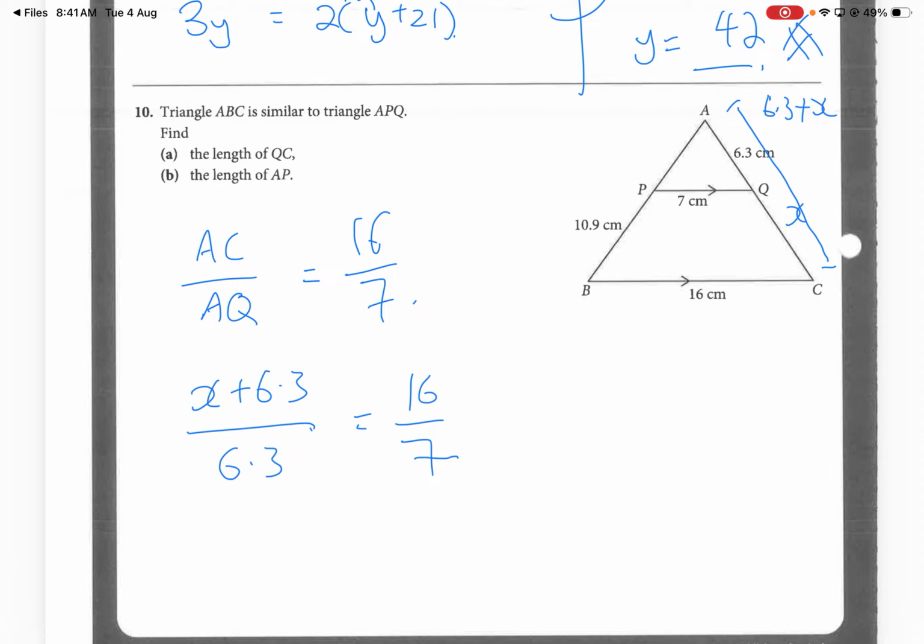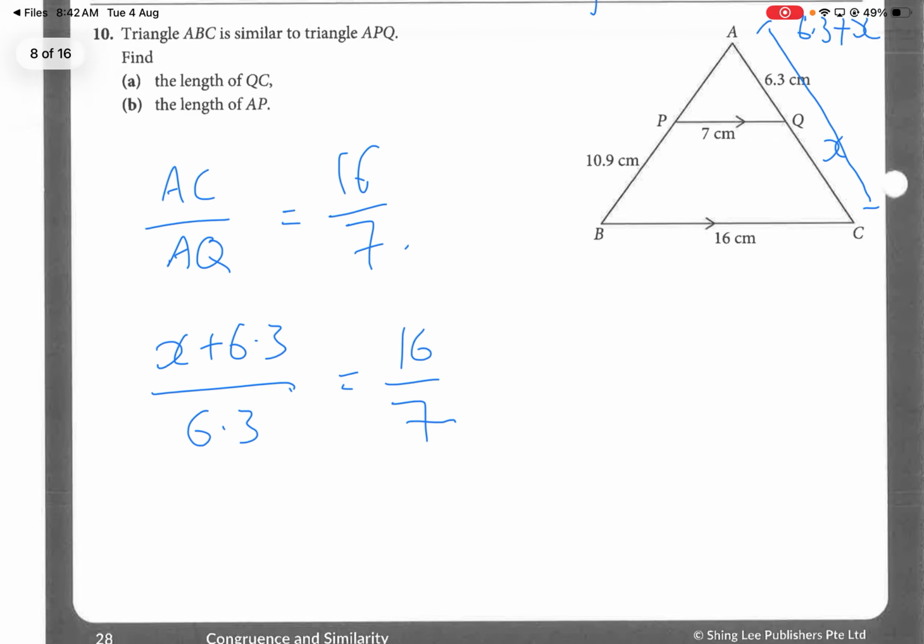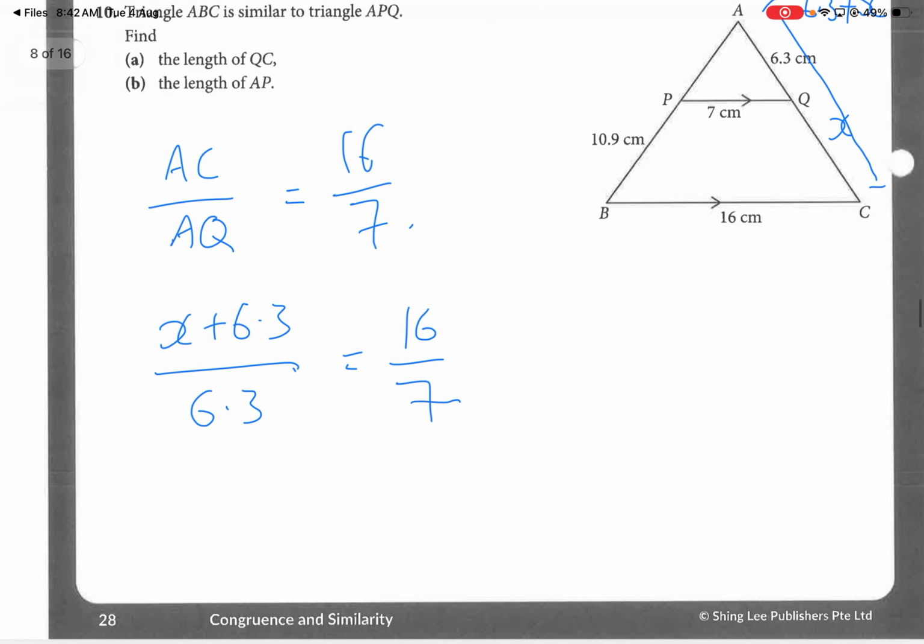Okay? Follow so far? Scale factor, same as the scale factor. Then, with the knowledge that the scale factors are the same, I can form an equation. Then from that equation, I can go and solve. Okay?